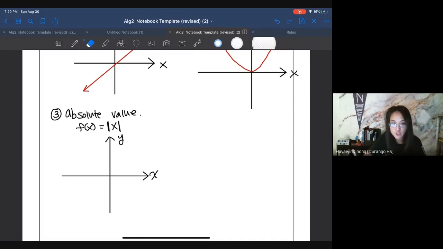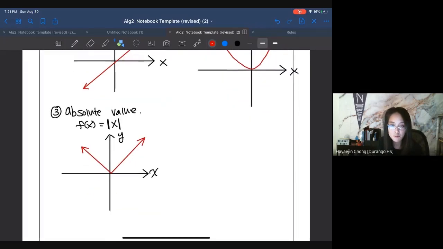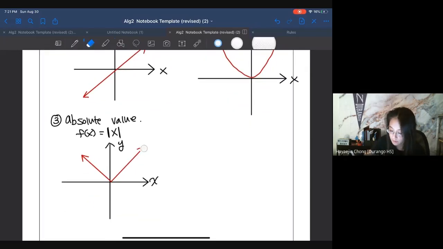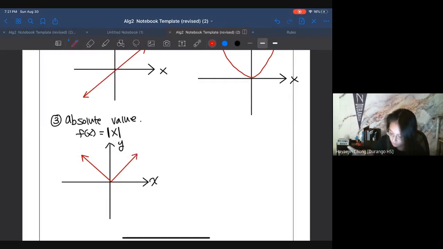It's a V shape, okay? So it's a little bit different than quadratic. Quadratic was U, absolute value is V shape. It's not really even. Okay, V shape, that's absolute value.